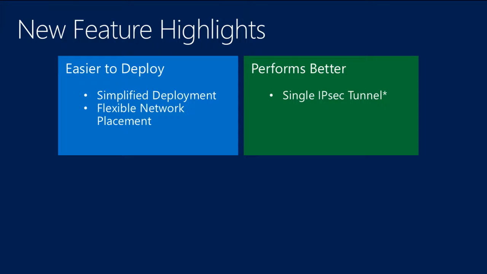One was called the infrastructure tunnel, to allow the DirectAccess client to talk to the domain controllers to do authentication, name resolution, and so forth. Then there was an intranet tunnel, or access tunnel, the second IPsec tunnel, which gave you full access to CorpNet resources. We can do that over a single tunnel in some deployment scenarios in Server 2012.